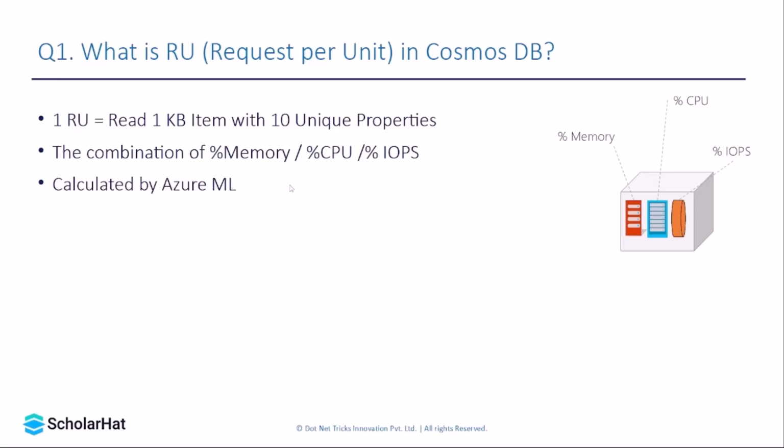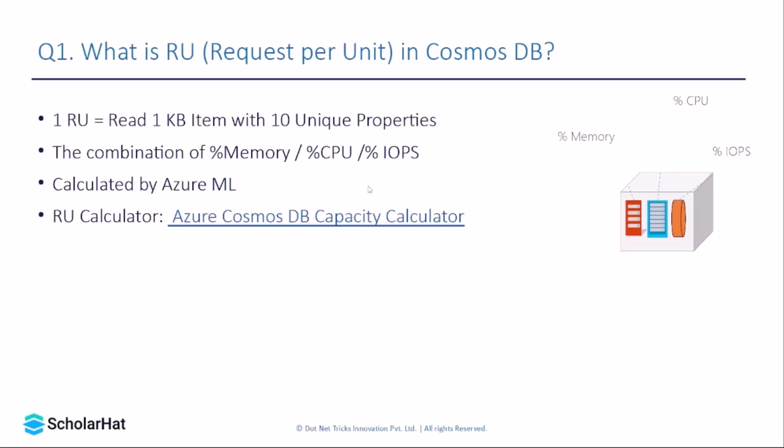So Azure ML is responsible for calculating the request unit whenever you try to interact with your database using Azure Cosmos DB. How many request units would be charged is something which is calculated by Azure ML, and it also provides a Cosmos DB capacity calculator.